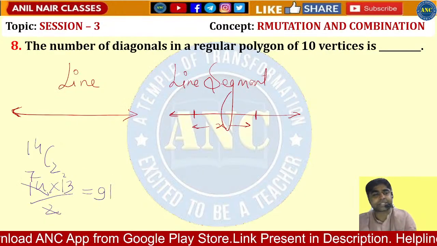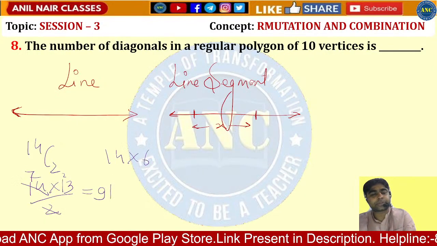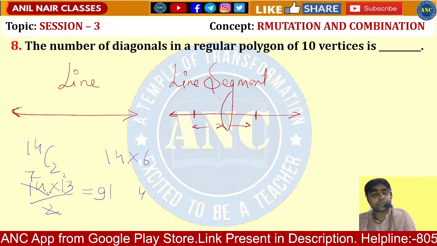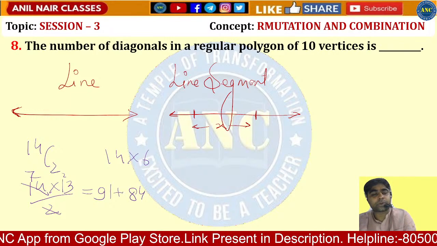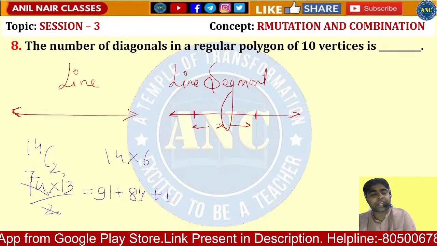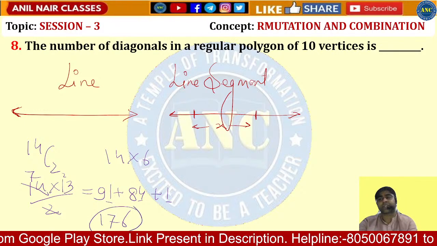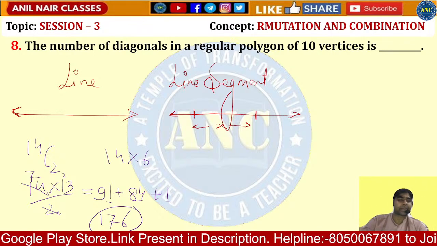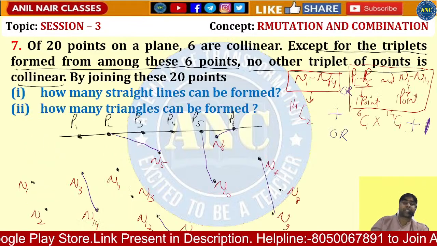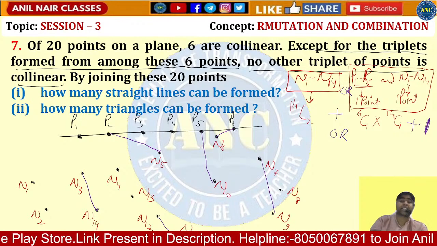So 14 into 6 is 84. 91 plus 84 plus 1 is 176. So in total 176 would become my answer if I solve it using the first logic.